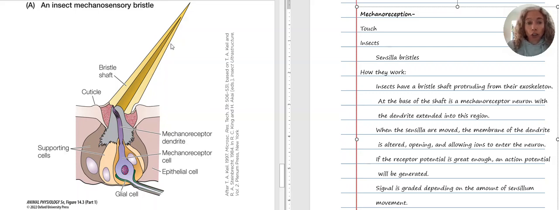And these are called stretch receptors because depending on how much they stretch, that's how much mechanosensory response you get. So again, this is a graded response based on how much this bristle shaft is moved. If it's moved a lot, if there's a lot of force on it, you'll get more of a response from the central nervous system than if there's less movement.